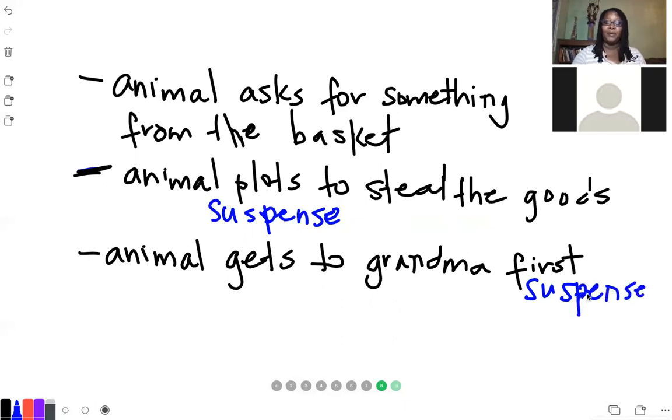But notice what is happening. You're traveling along. The little girl is still on her way. And you know that at some point in time, their paths are going to collide once more. And so after he gets to grandma first, and that's another point of suspense, the plot thickens and he disguises himself.